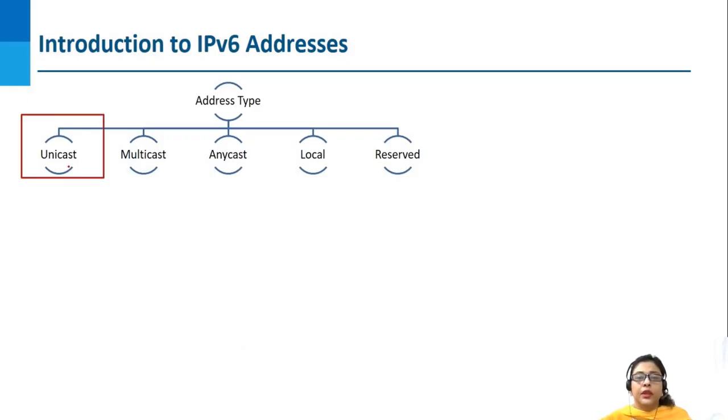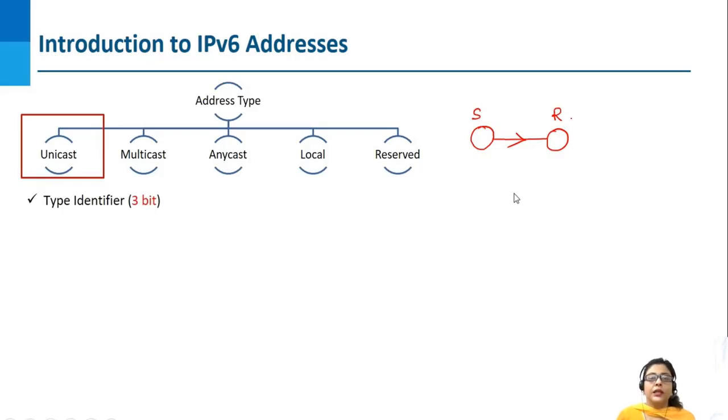Unicast. Unicast means node-to-node connection. If there is a source node and a recipient node, then there will be a single point of connection between the source and the destination. So messages or packets will be sent from the source to the receiver. This type of address consists of several fields.